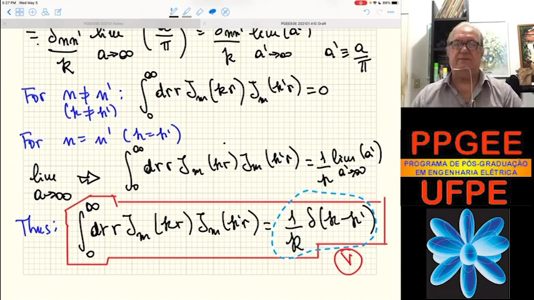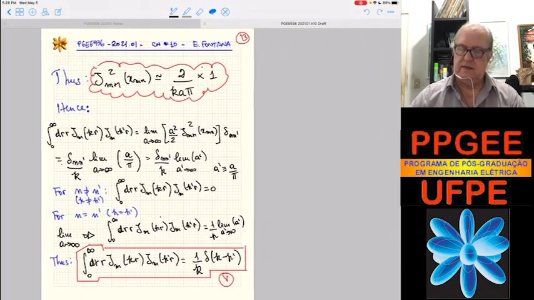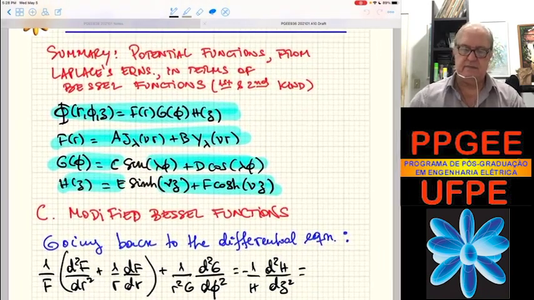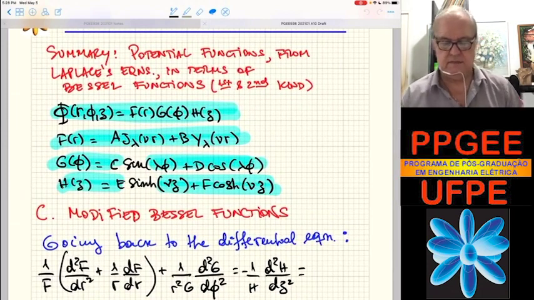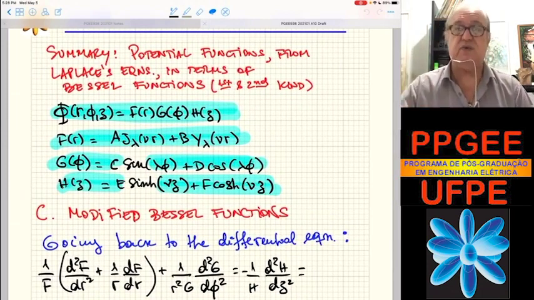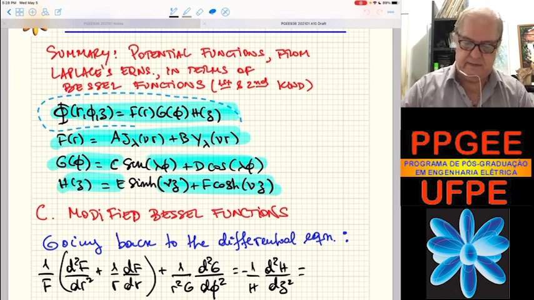So in summary, we are using lambda real, either integer or non-integer. The solution that we built is a product of three functions.